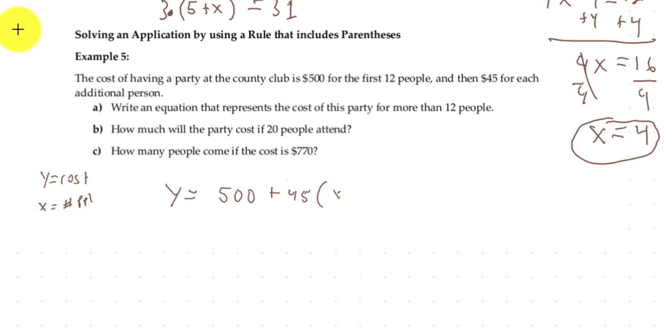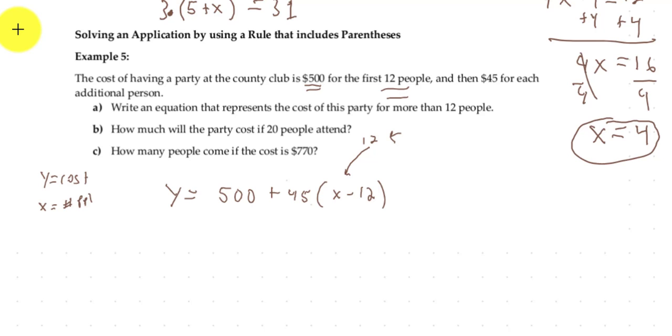So if I do x minus 12, right? If 12 people attend, I would put in 12. 12 minus 12 is 0, so 45 times 0 is 0, so it'd be $500, right? And that makes sense. The cost is 500 for the first 12 people. So if x equals 12, then I don't have to pay the 45.